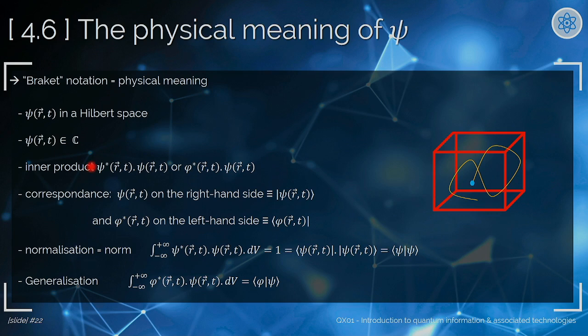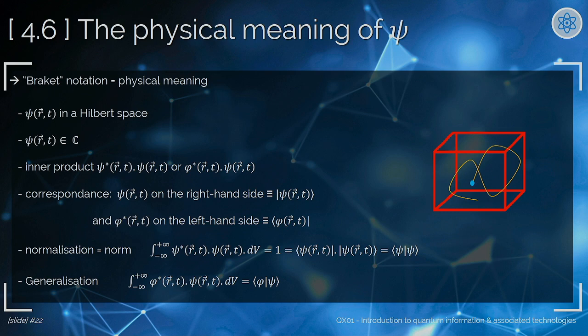And there's a correspondence between the right-hand side ket notation and the left-hand side bra notation. So that when I, for instance, normalize to 1, then I take the integral of the entire psi star psi, that's 1.